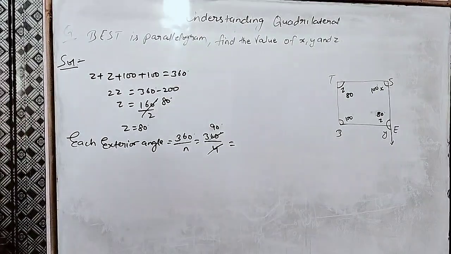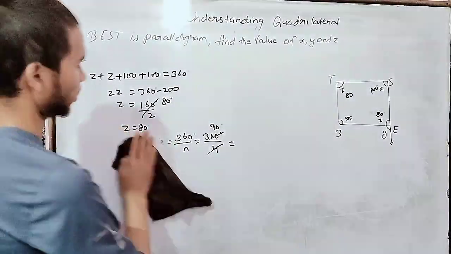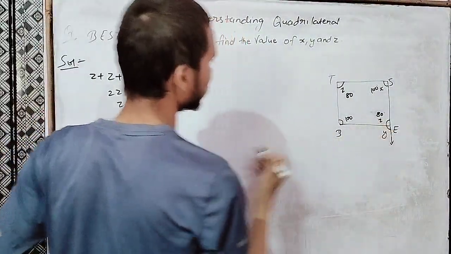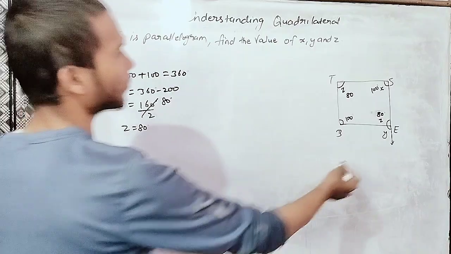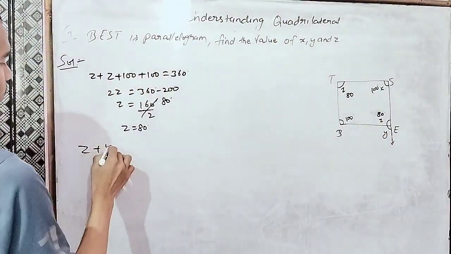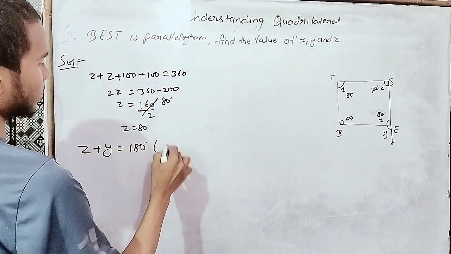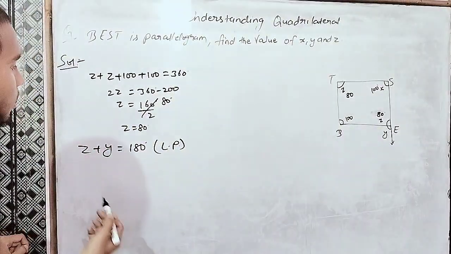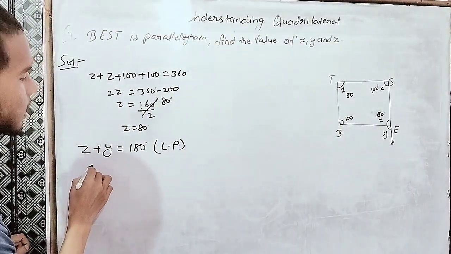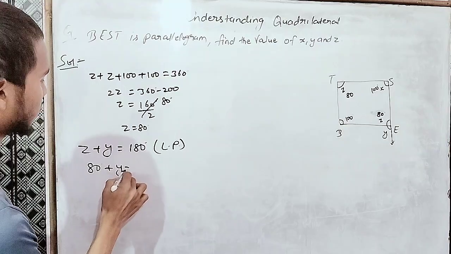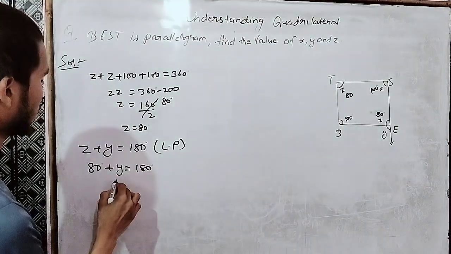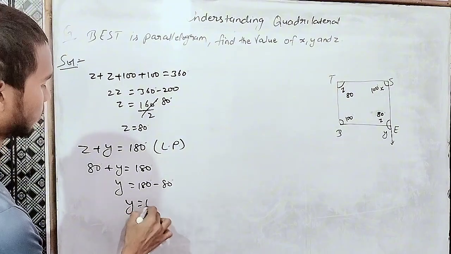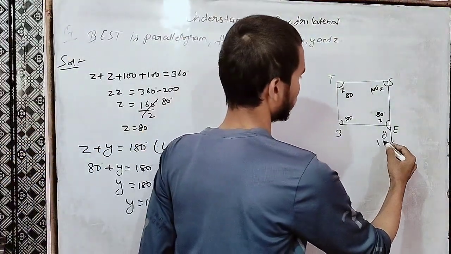Now here we have a value for z which is 80, and now we can write that z plus y is equal to 180 because of linear pair. Okay, you would understand it in a separate lecture. So the value of z is 80, then value of y we don't know, y is 180 minus 80, then we will have 100.